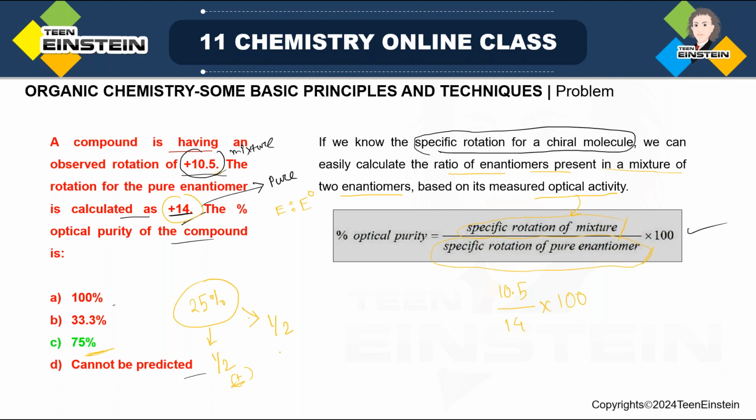If one is rotating clockwise, the other rotates anti-clockwise. So half of 25, that is 12.5%, is one enantiomer, and another 12.5% is the other enantiomer. They nullify each other and make a 25% racemic mixture, and the rest, 100 minus 25, is the pure part.